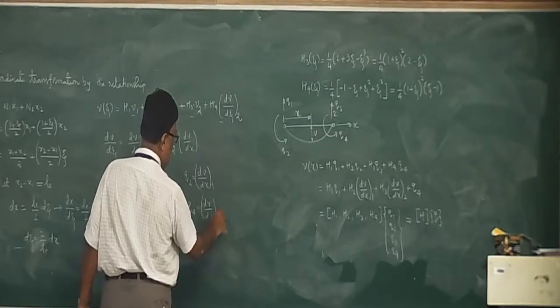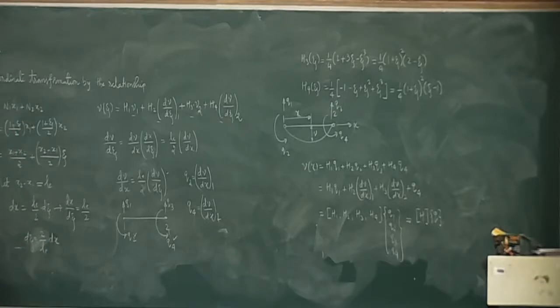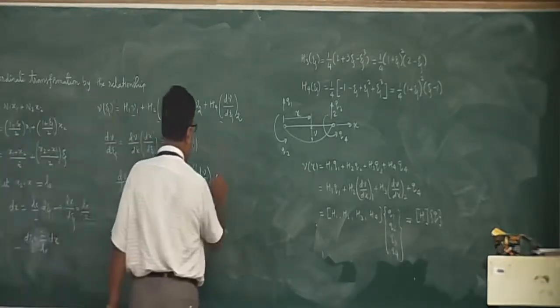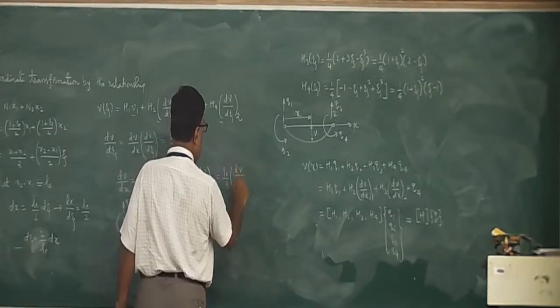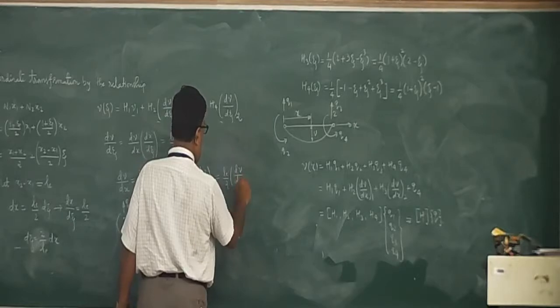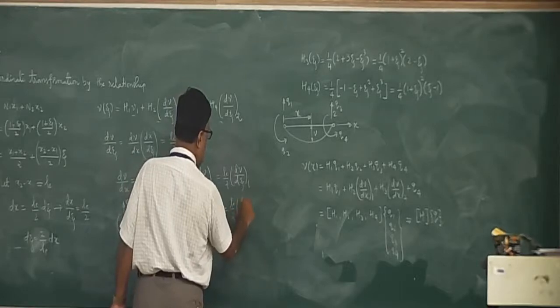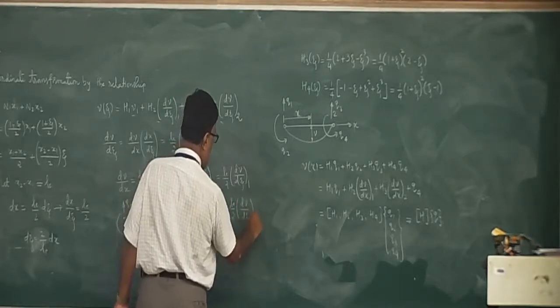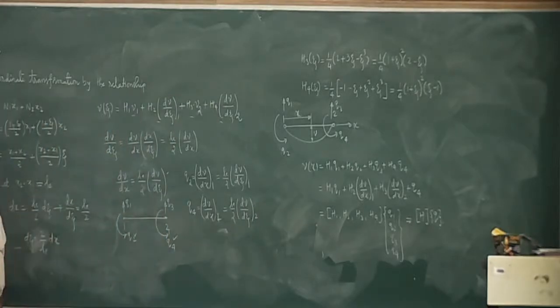This is with respect to the x coordinate. Always remember, slope is always defined with respect to the x coordinate. So this is LE by 2 dV/dx at 1 and LE by 2 dV/dx at node 2. This gives the relation between Q2 and Q4.